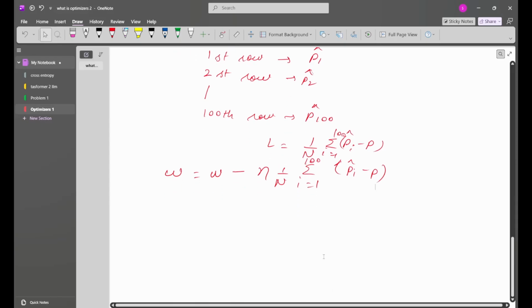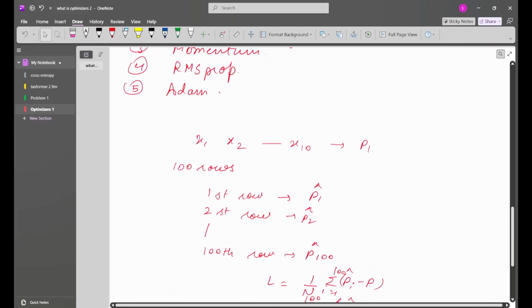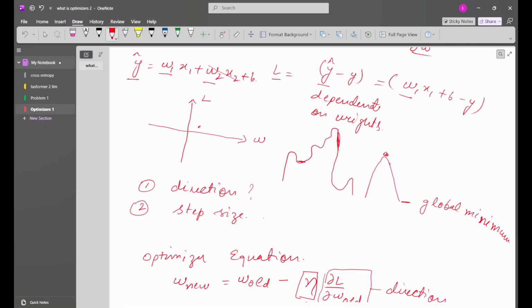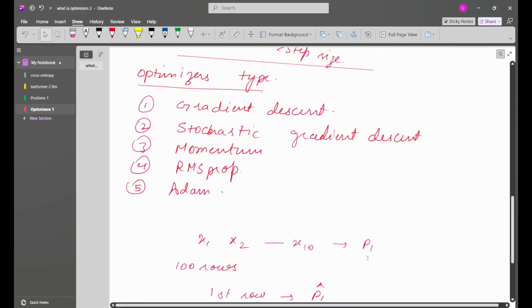In the second epoch we do the same, until we reach the global minima. In the first epoch maybe our loss will be right here, then in the second epoch we move right here, then the third epoch, the fourth epoch. So in all epochs we use the entire dataset and then update weights. This is gradient descent.